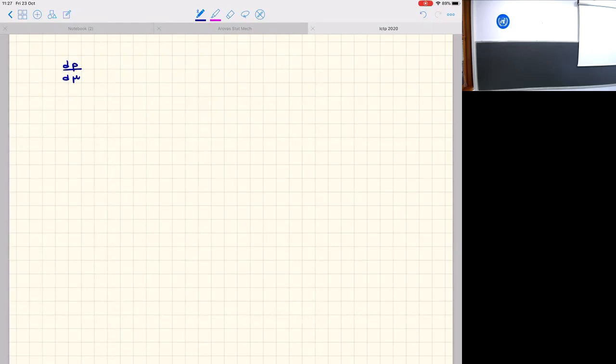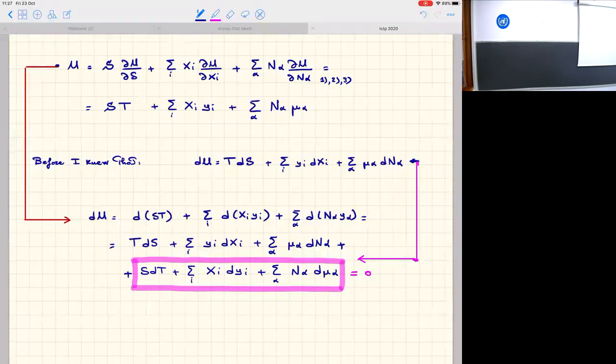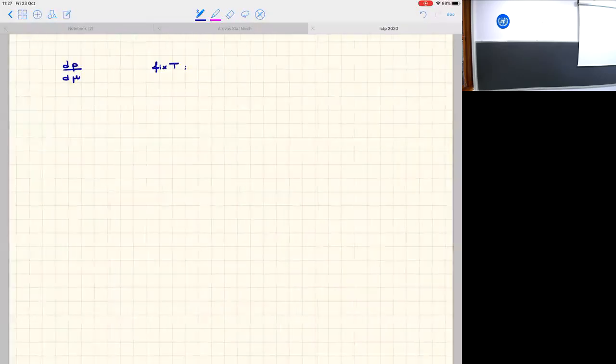Why? Because if now I fix the temperature in my system, you see that in this formula dT is equal to 0. Then this formula implies that minus V dP plus N d mu is equal to 0.